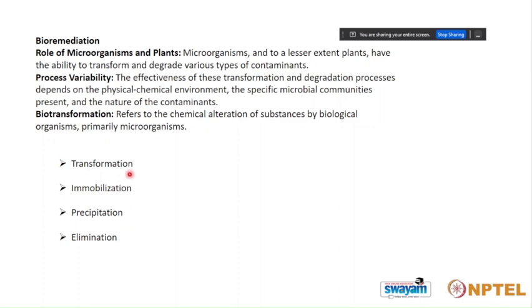In the process of transformation, the contaminants will be converted into a non-toxic form, whereas in immobilization, the contaminants will be immobilized in the microbial cells, and in precipitation, the contaminants will be allowed to settle with the help of chemicals secreted by the microorganisms, and in elimination, the contaminants will be degraded. So these are the 4 different types of bioremediation techniques or approaches utilized by microbes to remove xenobiotics or contaminants.